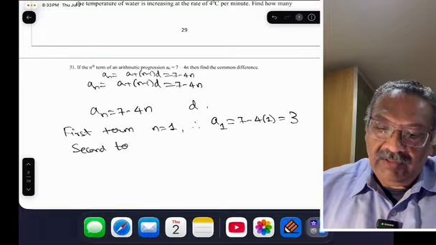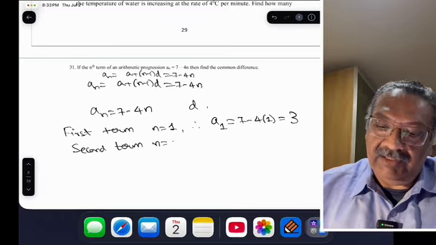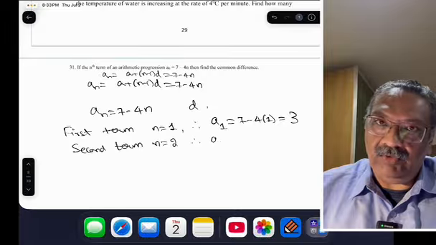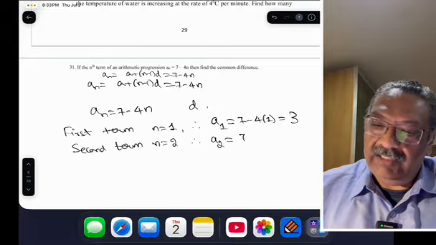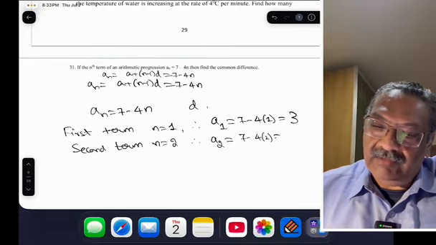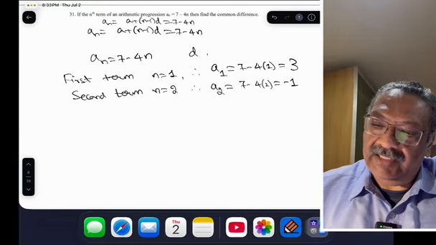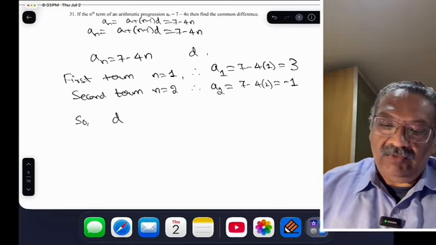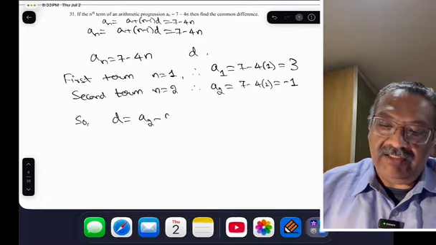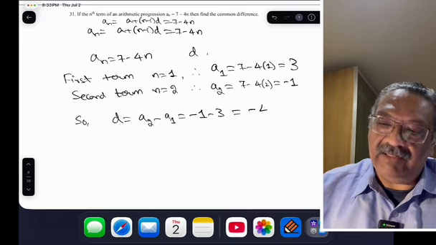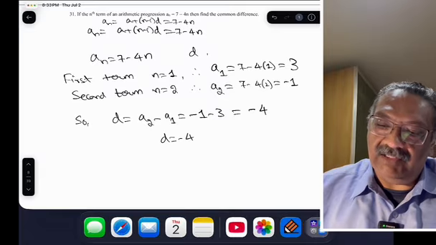Similarly, for the second term, n is equal to 2. Therefore, a2 is equal to 7 minus 4 into 2, 8, is minus 1. So, the common difference d is equal to a2 minus a1, which is equal to minus 1 minus 3 is equal to minus 4. So, d is minus 4.